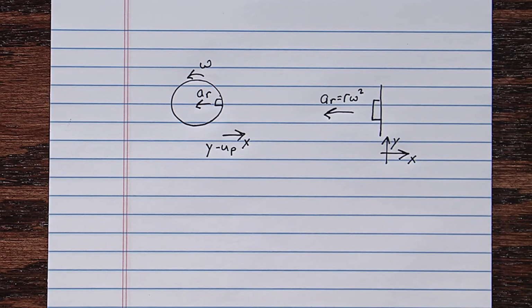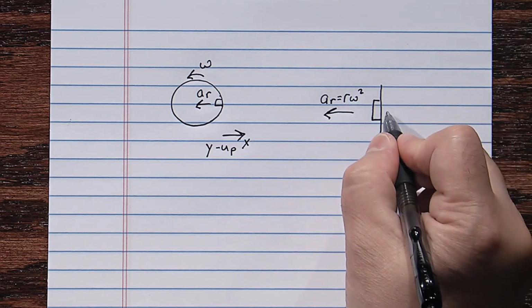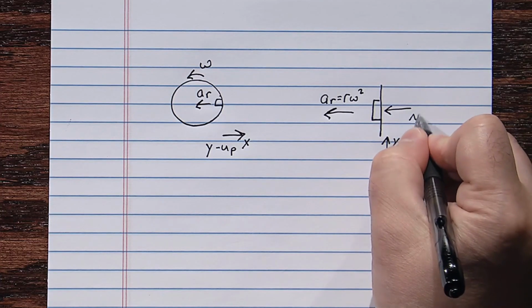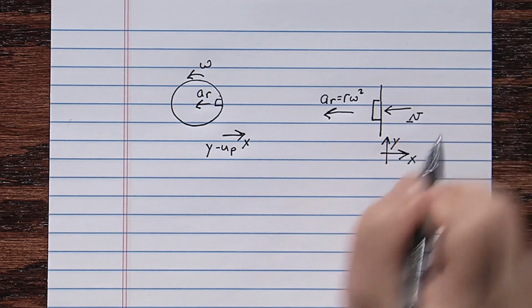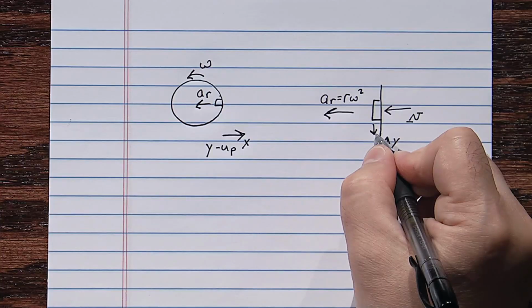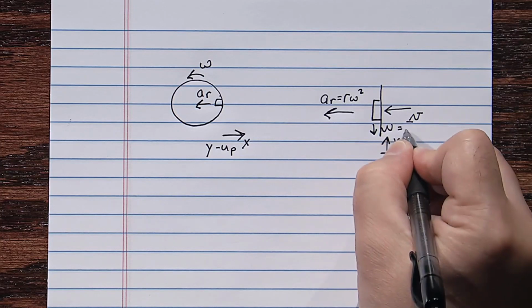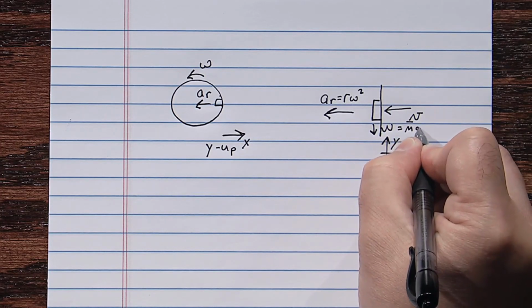So now that we know that we're dealing with acceleration, we have to draw in the forces on the person. There are three forces acting on the person. The first being the normal force of the wall. The second being weight, which is equal to mass times g.